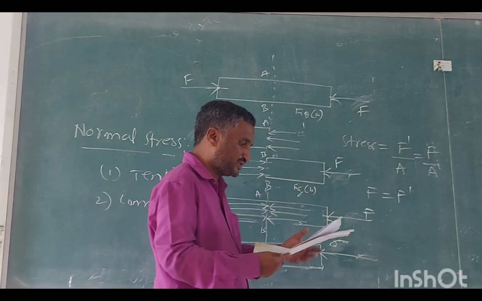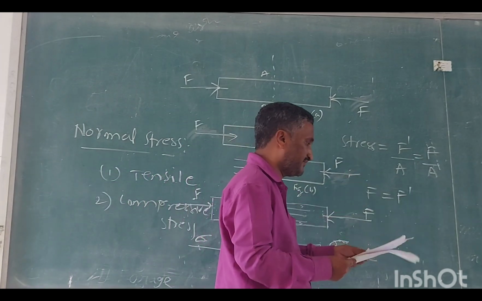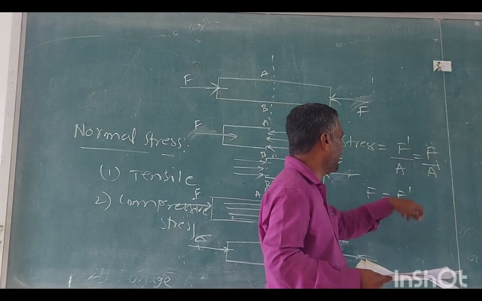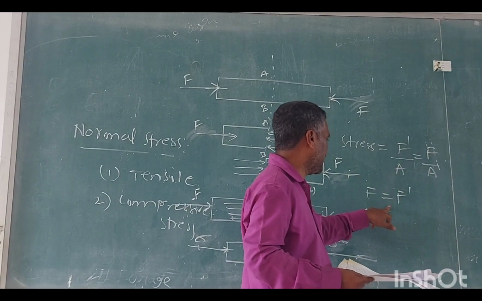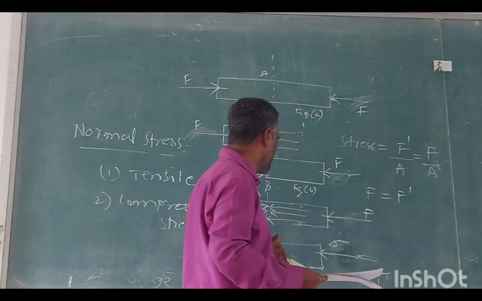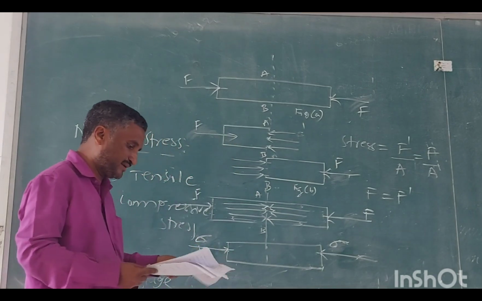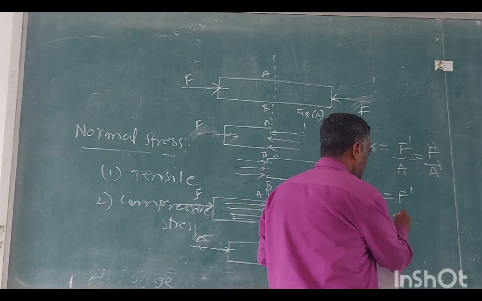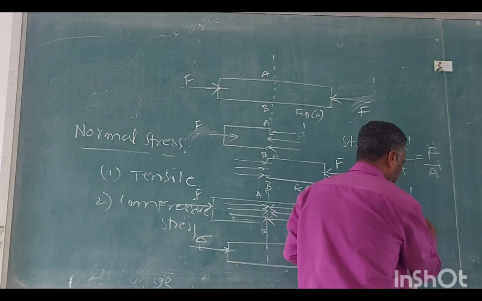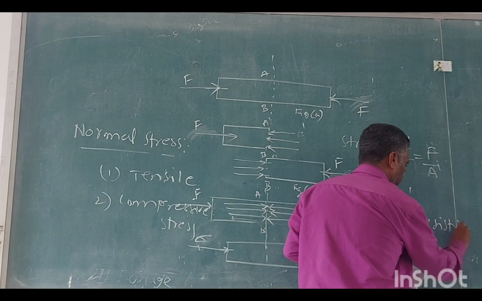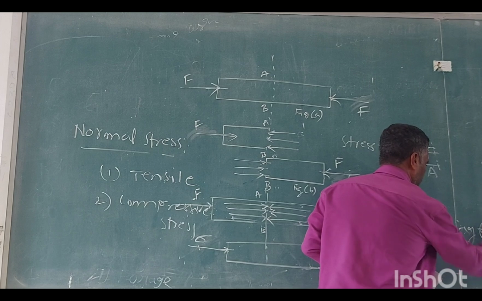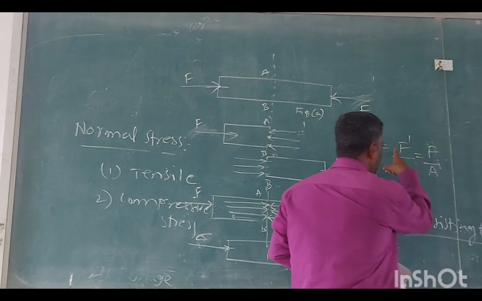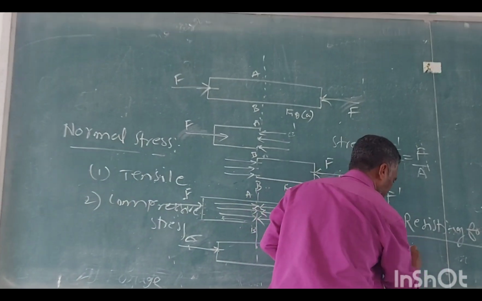Mathematically, compression stress is given by F dash by A, or F by A, where F dash and F will be exactly equal to each other in the equilibrium state. In mathematical terms, it is the resistive force, F dash, divided by the cross section area of the material.